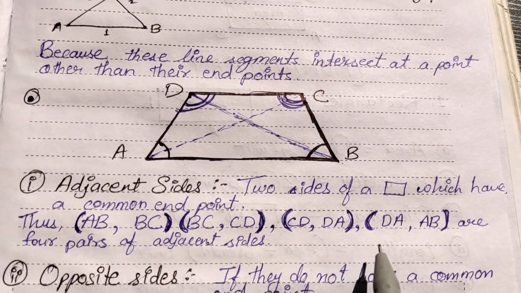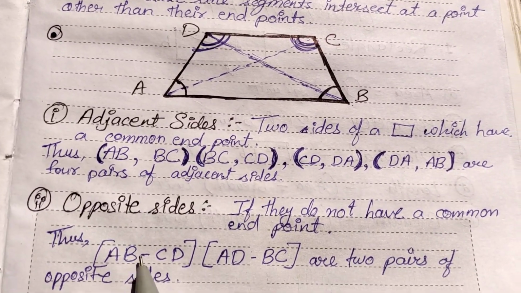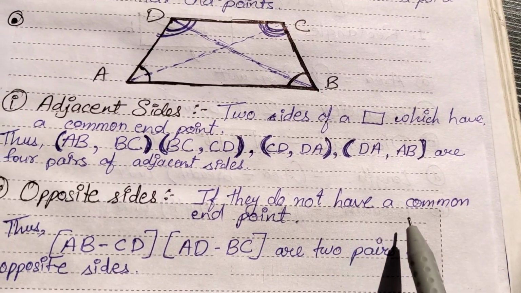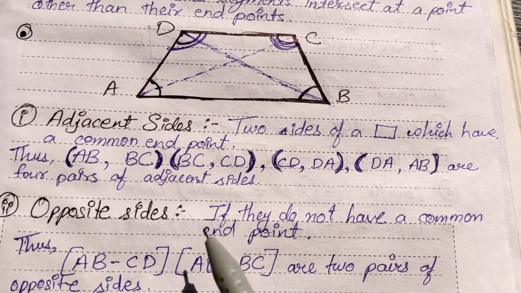So we have 4 pairs of adjacent sides. Now next is opposite side. What are opposite sides? If they do not have a common endpoint, it means opposite sides are those sides which face each other.